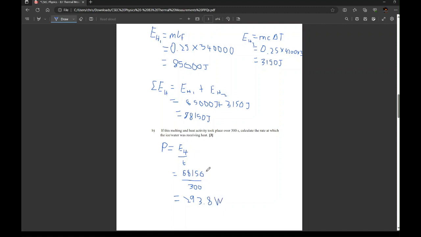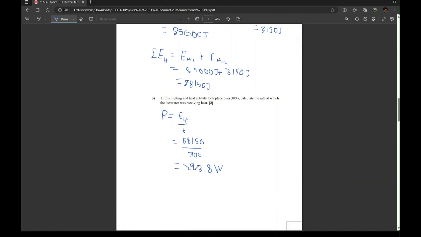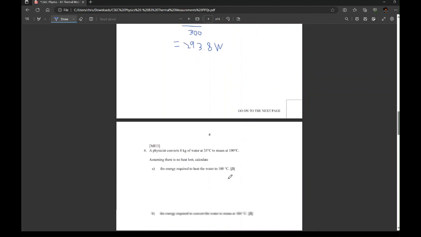If you did the units, then it would have been joule per second, but a joule per second is by definition a watt, so that's the SI unit, so that's how we write it. So that's 293.8 watts. Okay, so that's question 3.